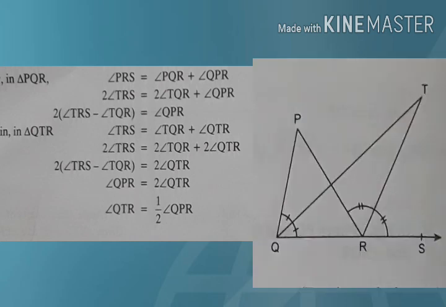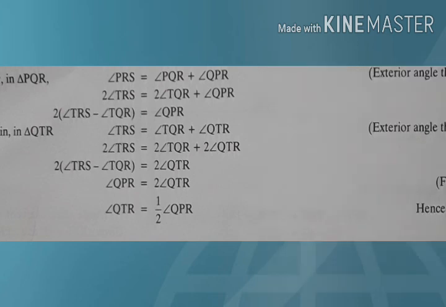There angle TRS equals angle TQR plus angle QTR by the exterior angle theorem. In the same way, taking twice for all the terms, twice TRS equals twice TQR plus twice QTR. Then we transpose as in the above step and take the common factor outside. Then we get twice (angle TRS minus angle TQR) equals twice QTR.